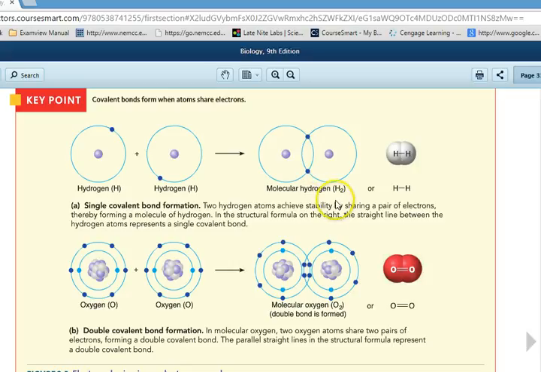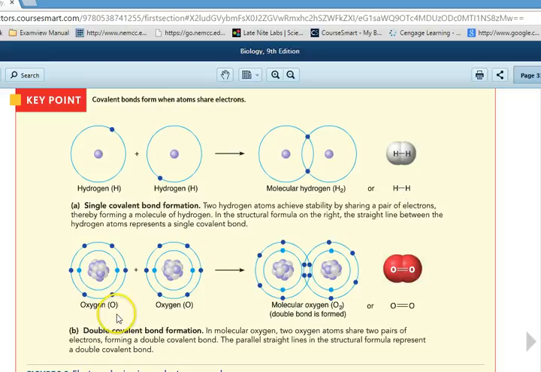Okay, so we can write this as H sub 2, or the other way we can show this is hydrogen, a straight line, another hydrogen. Now that straight line represents one covalent bond, or 1 pair of shared electrons.